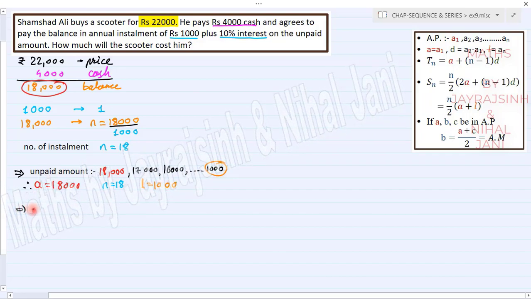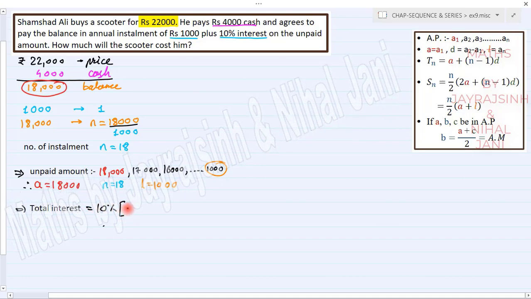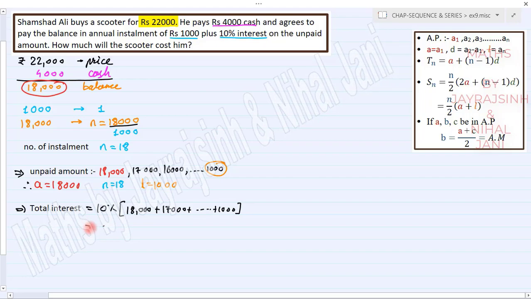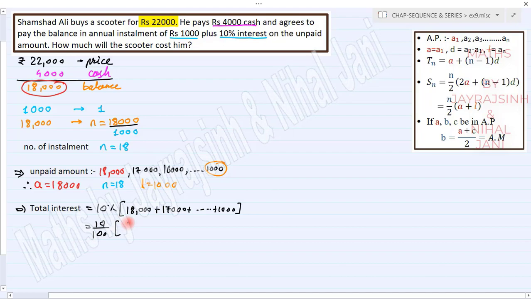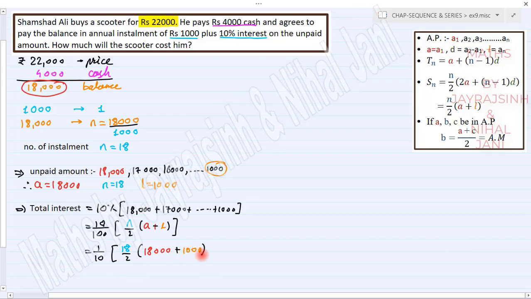So we can calculate total interest, which is 10% of the unpaid amounts 18,000 plus 17,000 up to 1,000, or we can say 10% of the summation of our sequence. Let's use the second formula, n by 2 into a plus l. So we get 1 upon 10 into 18 by 2 into 18,000 plus 1,000.